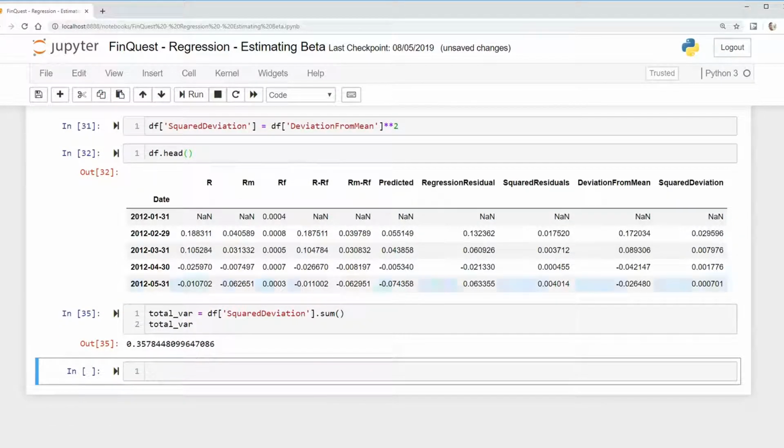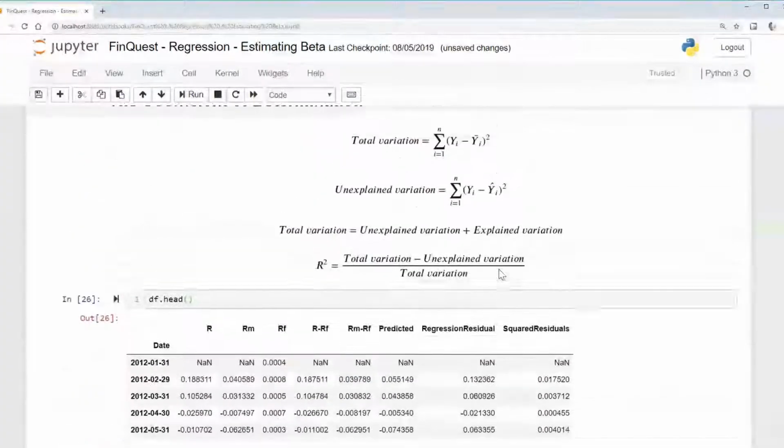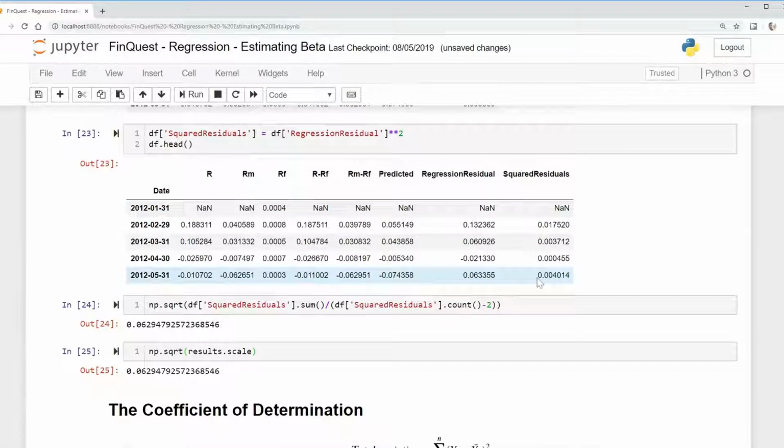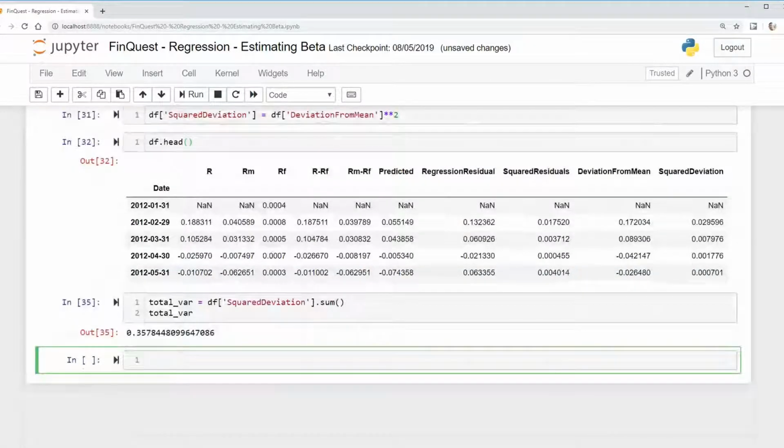Now we have to find our unexplained variation. We've actually already calculated this earlier. This is our squared residuals. So we're going to call this unexplained var, and that's just going to be equal to our squared residuals sum.